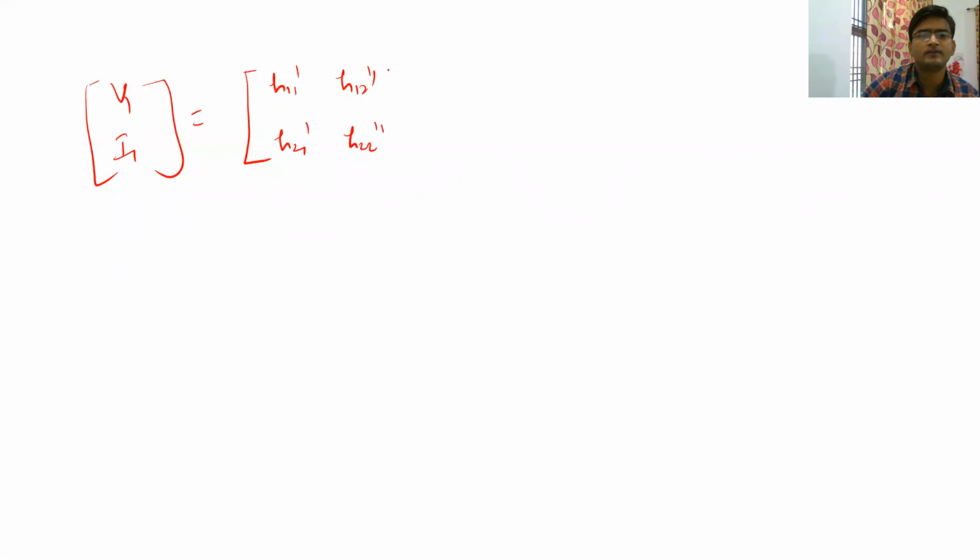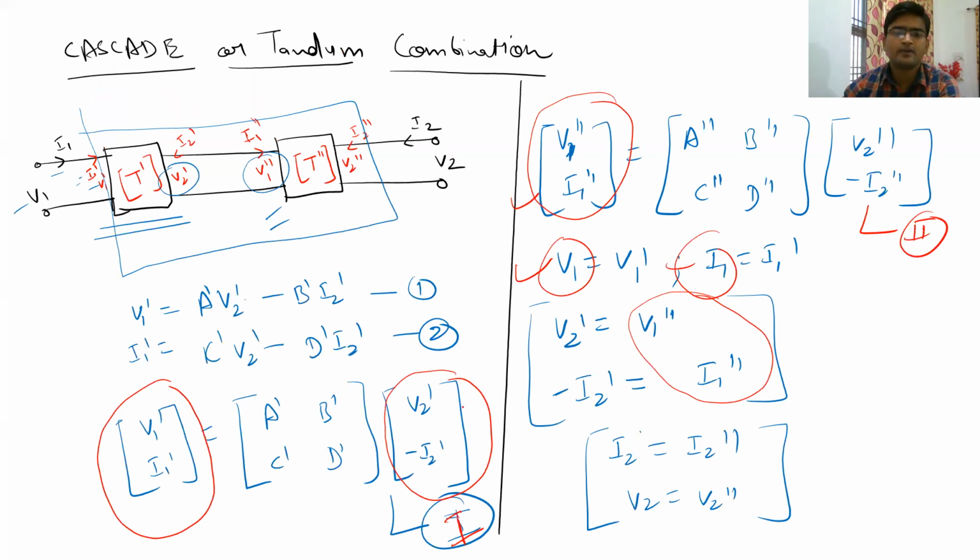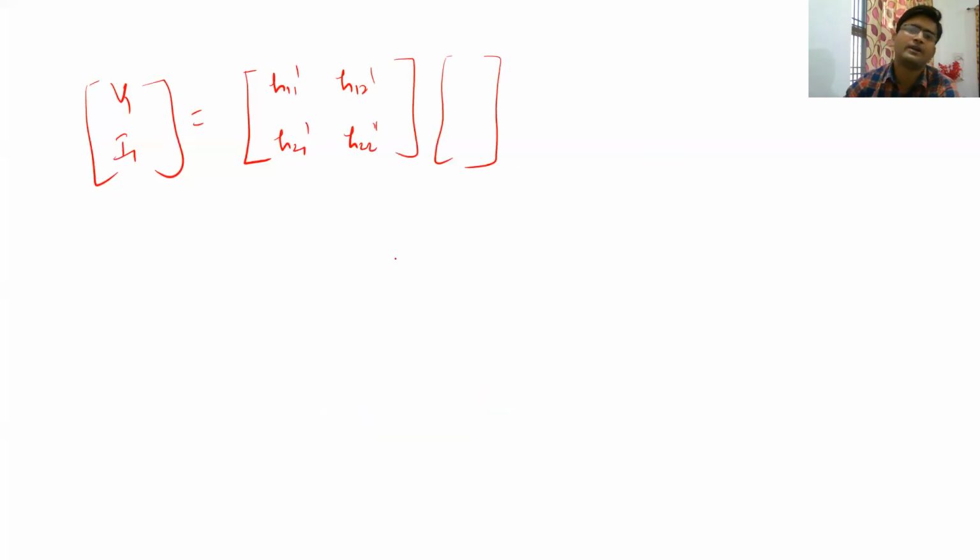So we will get V1, I1 is equal to A', B', C', D'.